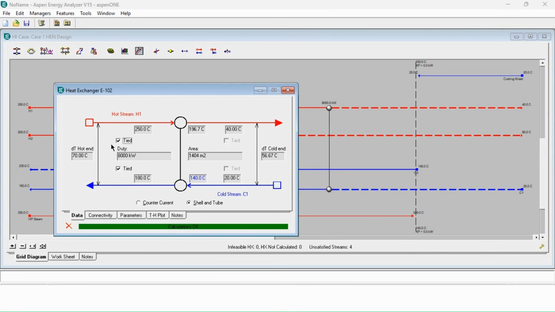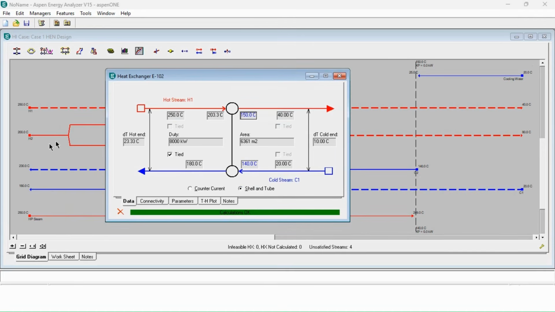However, I would suggest that you start here with 150 degrees centigrade and here the temperature is 203.3. It is because the other stream is from 181.7 to 230, so it will avoid our temperature cross.